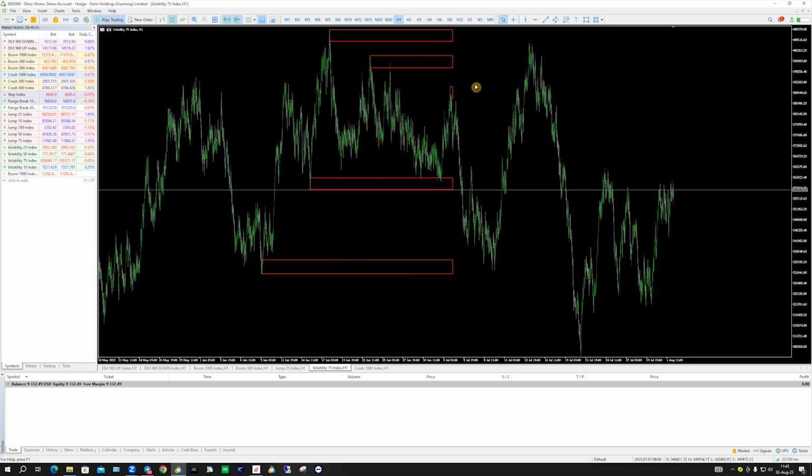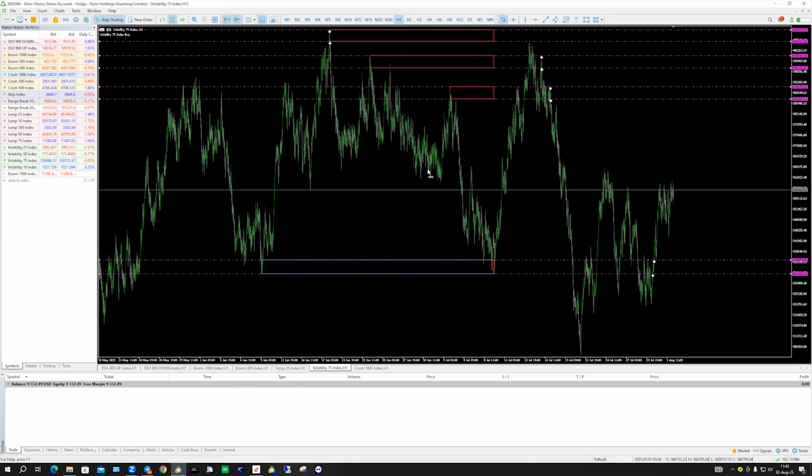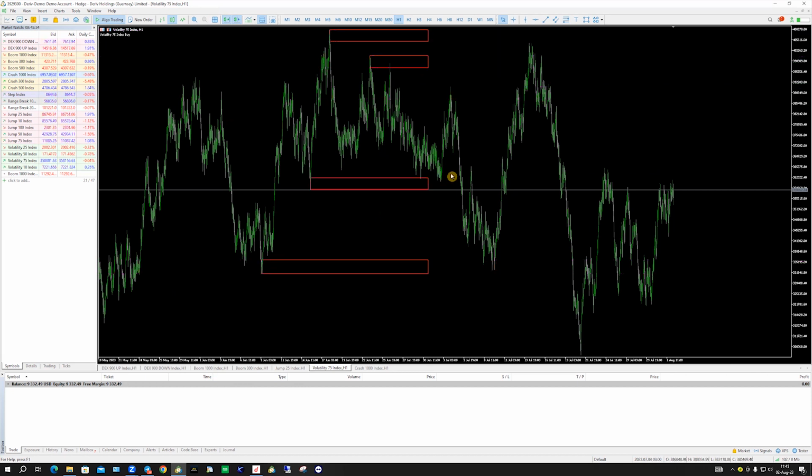Yeah, I think here also it will give us a good example. If I double click here, you'll see that you can tell with your naked eyes that from this area, there is a good support at this area and a good retracement to this area.